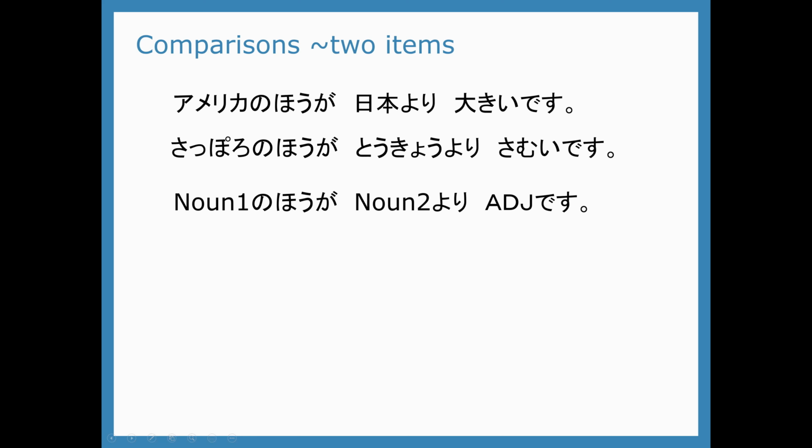So noun 1, のほうが, noun 2, より, adjective です。So アメリカの方が日本より大きいです。For example. 札幌の方が東京より寒いです。So the one that is more, の方が. This highlights the one that we are focusing on, the one that is more adjective.